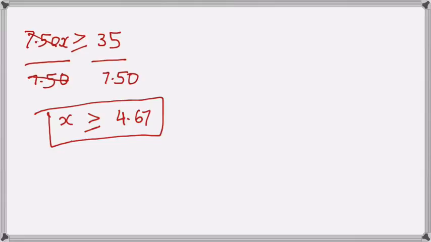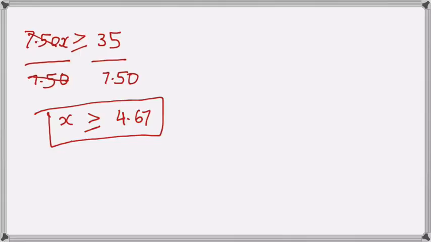So in that case you should work 5 hours to make more than $35, right? Because if the rule is that you can either work 4 hours or 5 hours, you do not have an option to work 4.67 hours, okay? And in that case you had to work 5 hours to make more than $35.